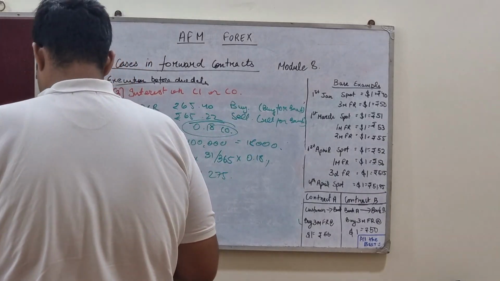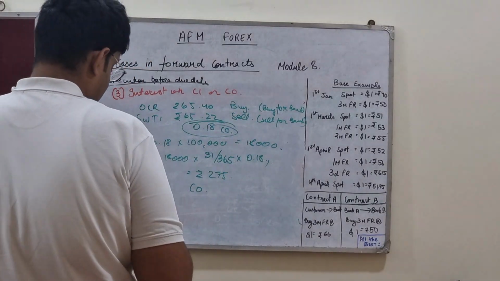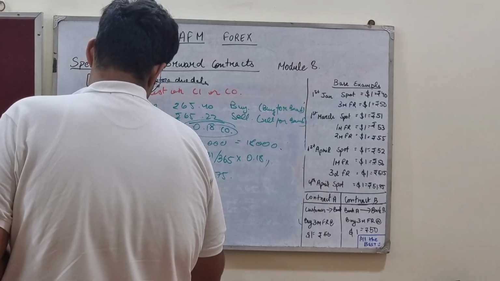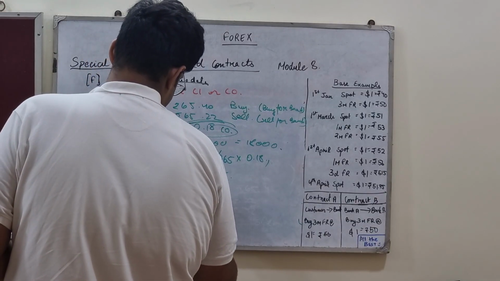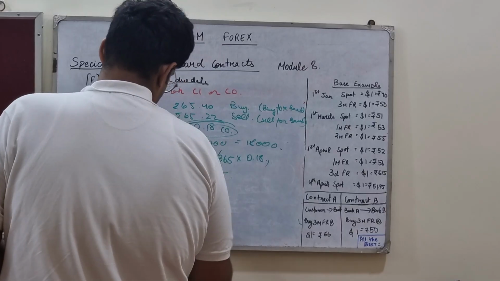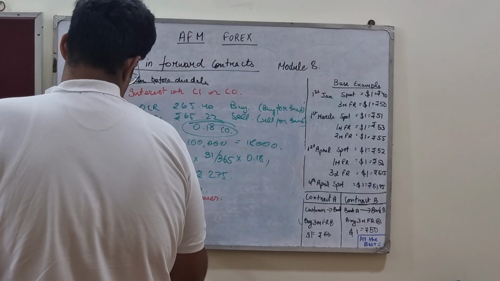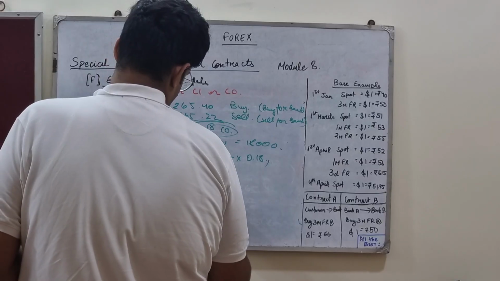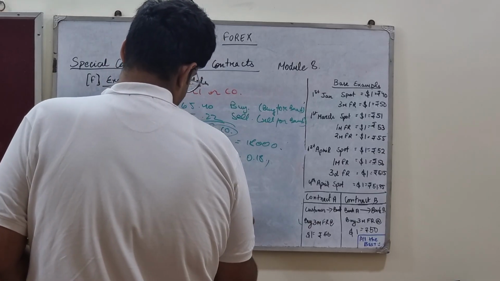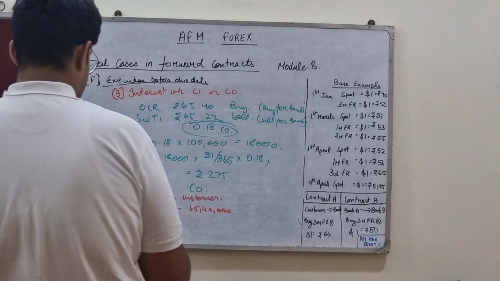So now the customer, so this is the final answer. The net cash inflow for customer: on 28th November, he received 65,40,000 on the early execution of the contract.